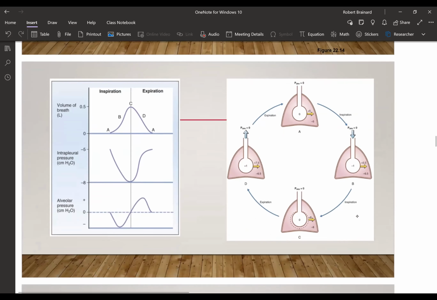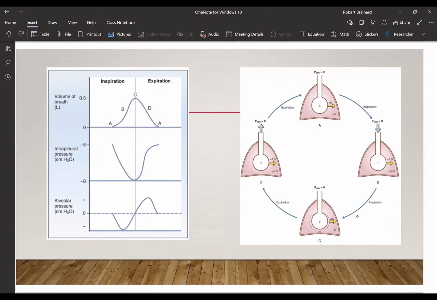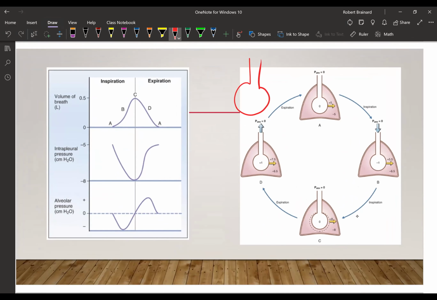If we're looking at this slide right here, let me go to draw. We've got this little thing right here that represents the lung. That's an alveolus. And then you've got your chest wall, which is right here.